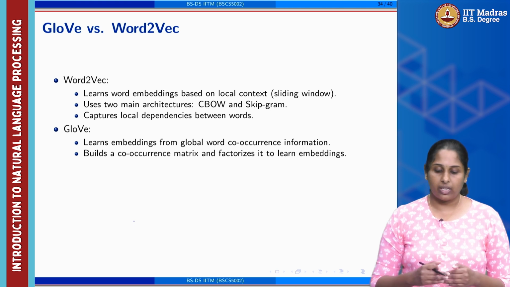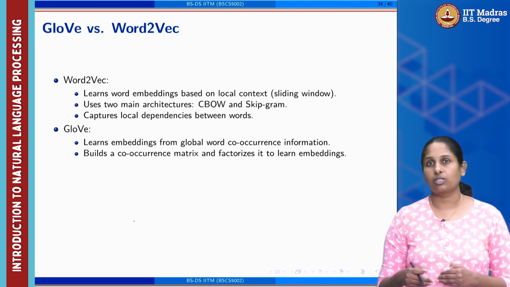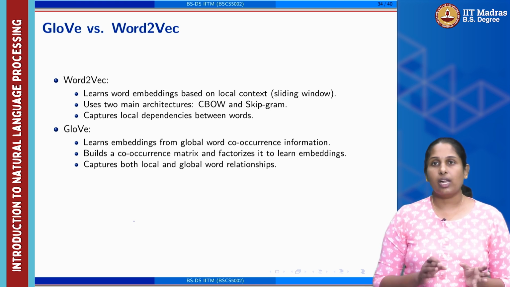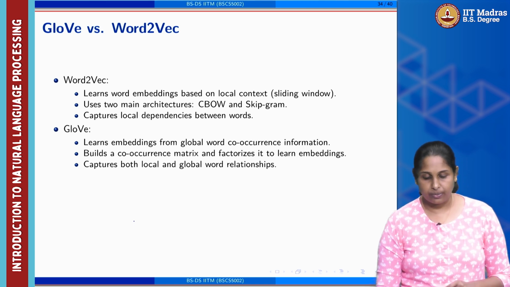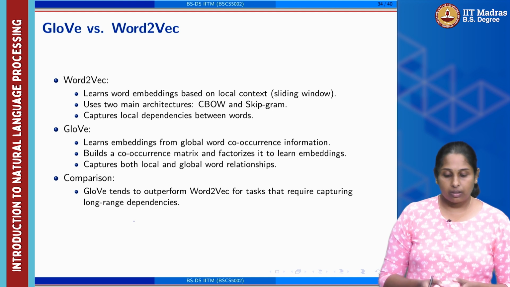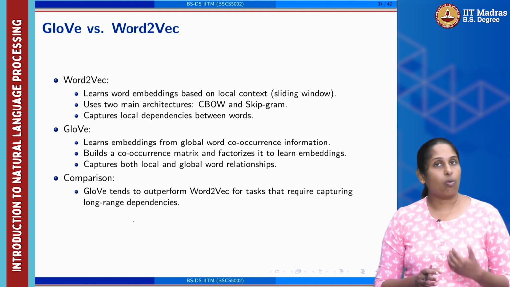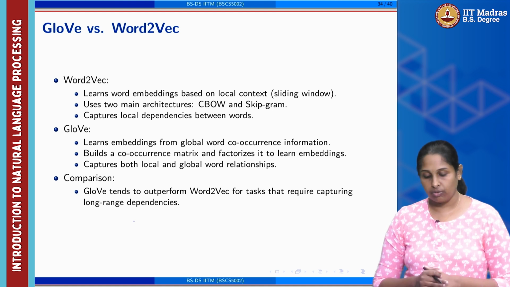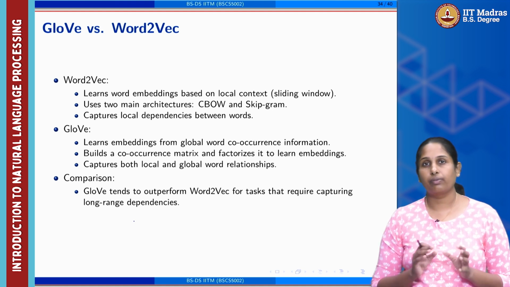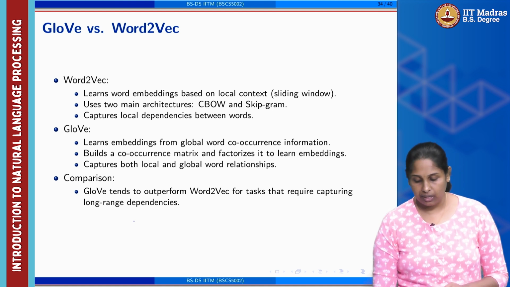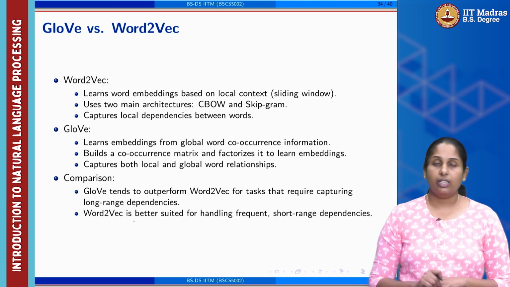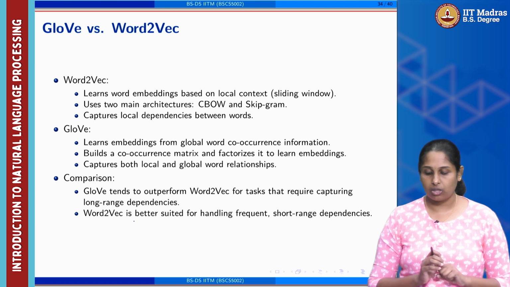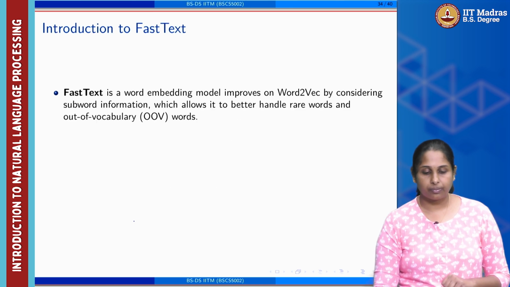It builds the co-occurrence matrix and factorizes it to learn the embeddings. And it captures both local and global word relationships. GloVe definitely outperforms word2vec, especially for tasks where long dependencies need to be identified. And word2vec, of course, is the best suitable model for handling frequencies and short range dependencies.